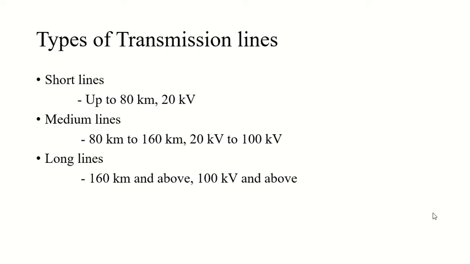In different books you will find different values, but they will be close to that. So it is okay if you consider a line of 81 kilometers as a short line. The boundaries are very fuzzy here.